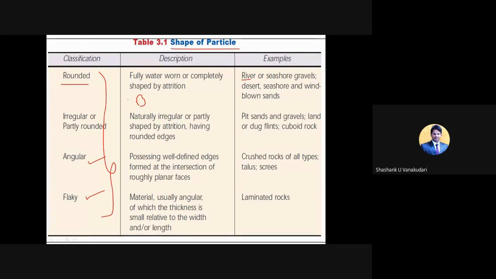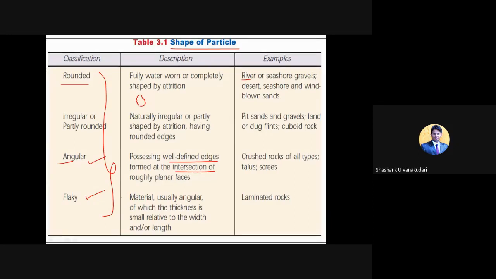And then angular, in the sense it should have well-defined edges at the ends of the structure, so that at the intersection it is going to play a major role. Intersection means the bonding with the other ingredients.